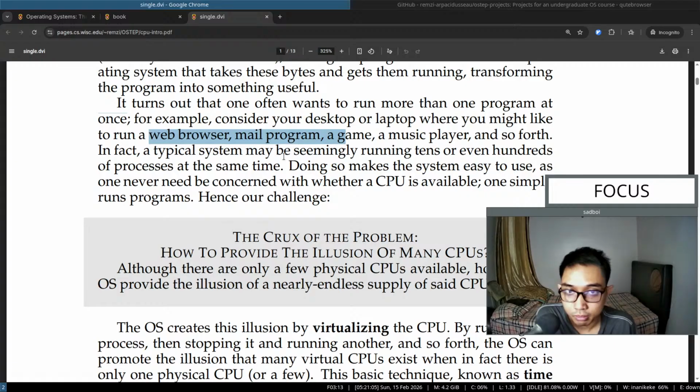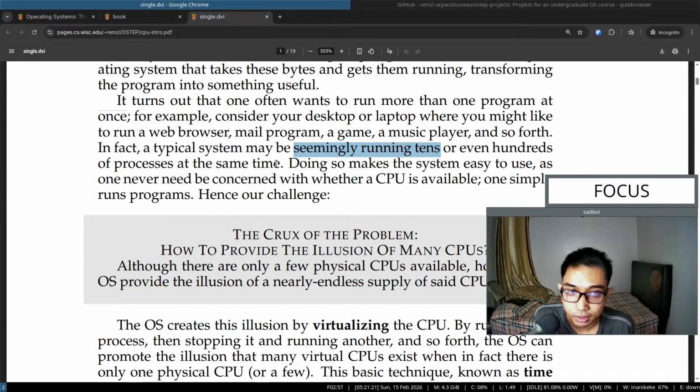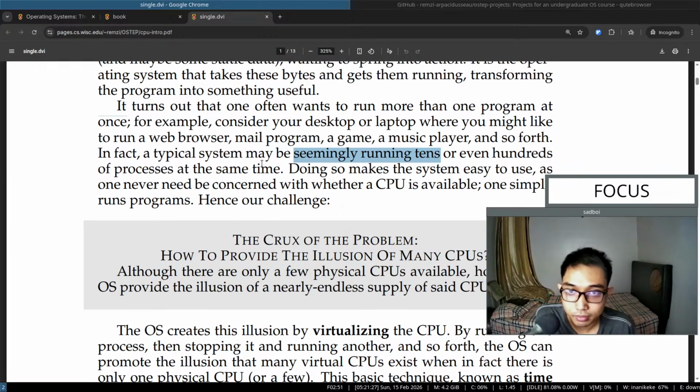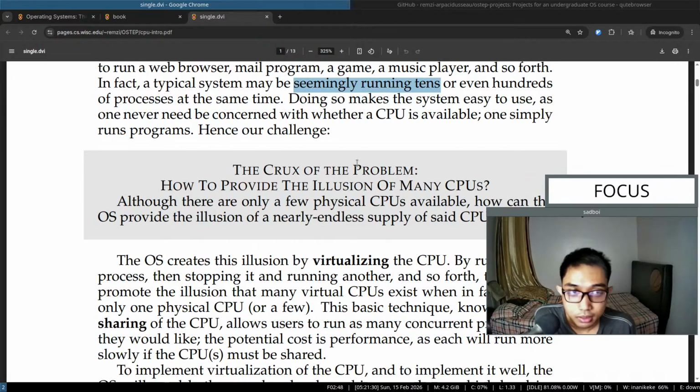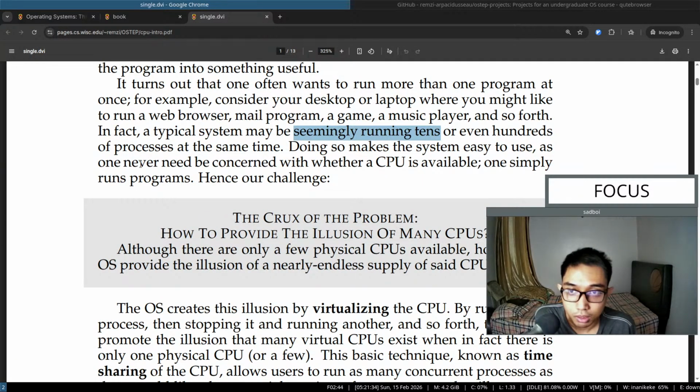In fact, a typical system may be seemingly running tens or even hundreds of processes at the same time. Right, there is this background process in the operating system that we might not notice, but it is there. Doing so makes the system easy to use, as one never needs to be concerned with whether a CPU is available. One simply runs programs.